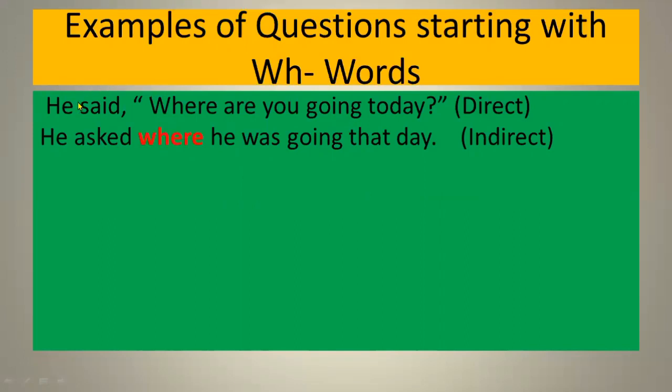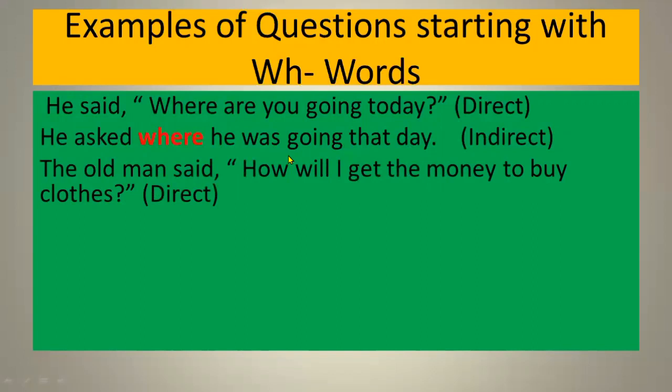If the reporting verb is in the past tense, the tense in reported speech will also change. As it is present continuous tense, it will change into past continuous tense. He asked where he was going. Today will change into that day. Again, we will place the helping verb after the subject in indirect narration.